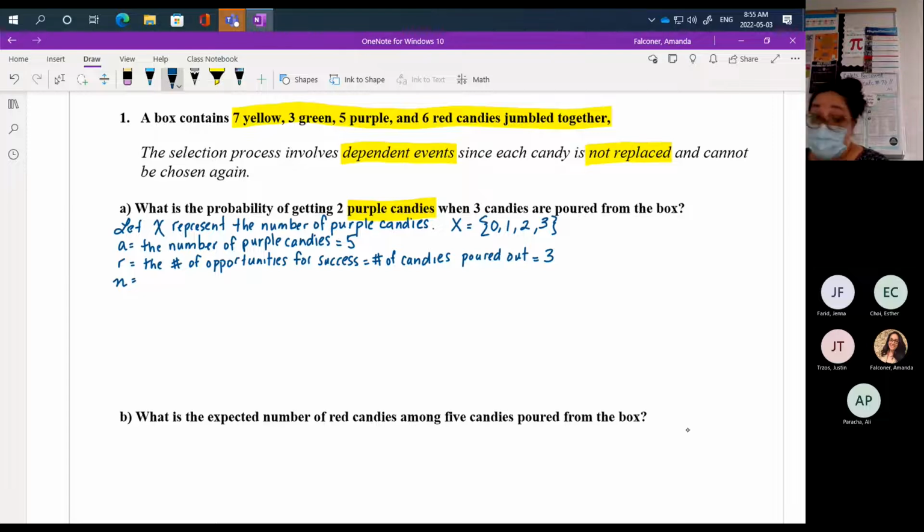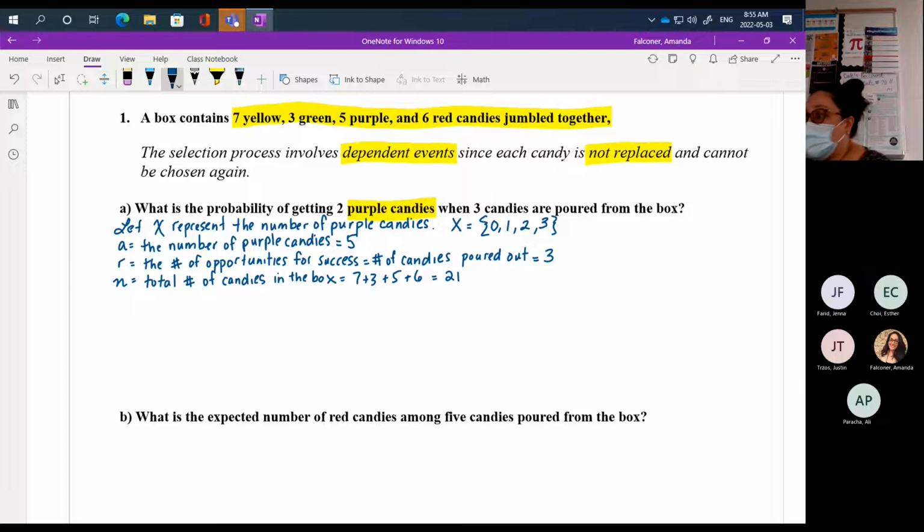N is the sample size. Okay, and so that's the total number of candies. So we just have to add up what we've got going on here. It's going to be equal to 7 plus 3 plus 5 plus 6, which is 21.